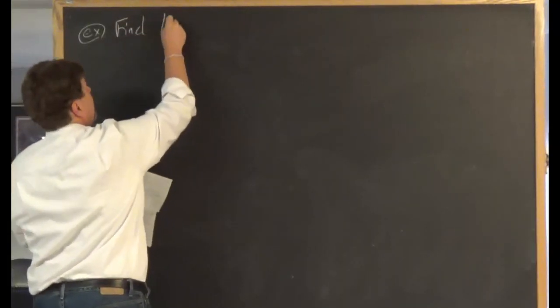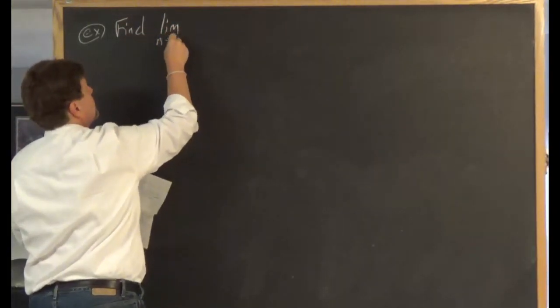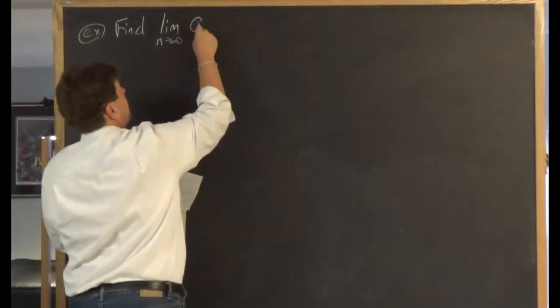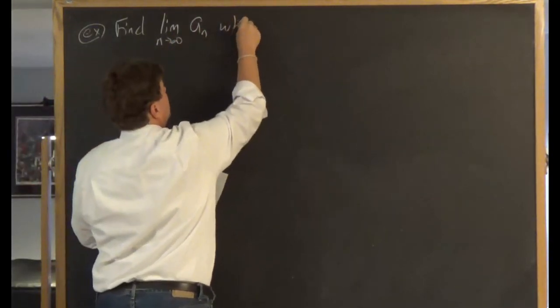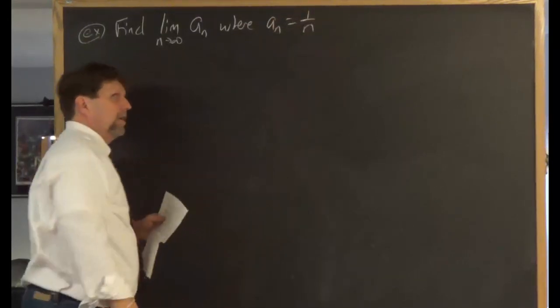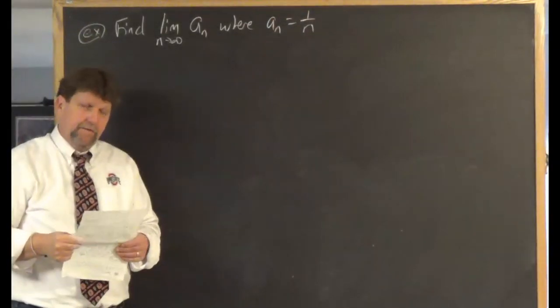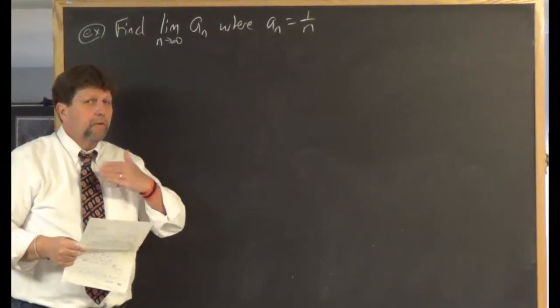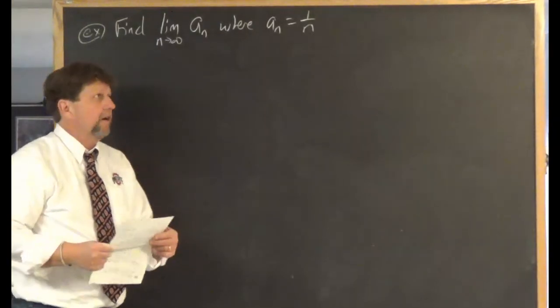So here's the example. Let's find the limit as n goes to infinity of a sub n, where a sub n is the harmonic sequence, 1 over n. So something that we talked about a couple of weeks ago.